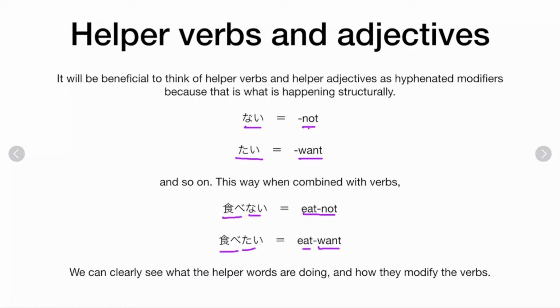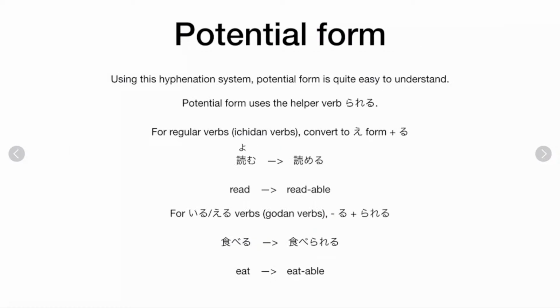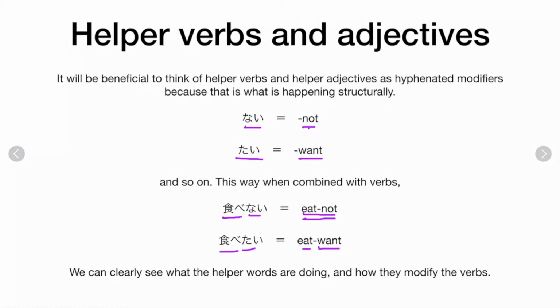So you can see what the verb is, what the helper word is doing, and how it is affecting what we're trying to say. I really like this hyphenated structure. I'm going to use this hyphenated modifier structure, kind of like seeing how Lego blocks interact with each other, because when we do more complicated sentences, it keeps the parts of the sentence very clear to us.